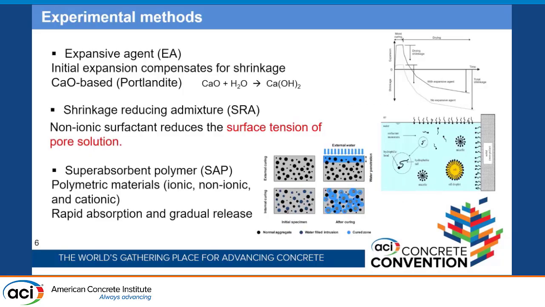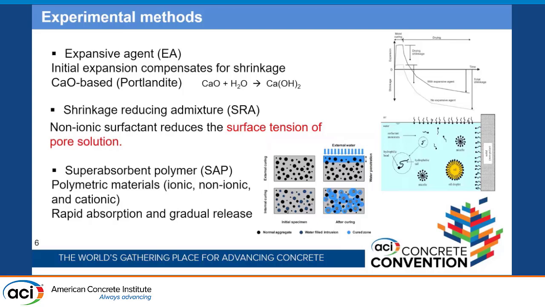I would like to talk a little bit about the materials I used in this study. Expansive agents, shrinkage-reducing admixture, and superabsorbent polymer, which are mainly shrinkage-reducing admixtures and internal curing by superabsorbent polymer. Expansive agent causes initial expansion, which reduces the later shrinkage. There are 3 types: CaO-based, MgO-based, and CSA-based.